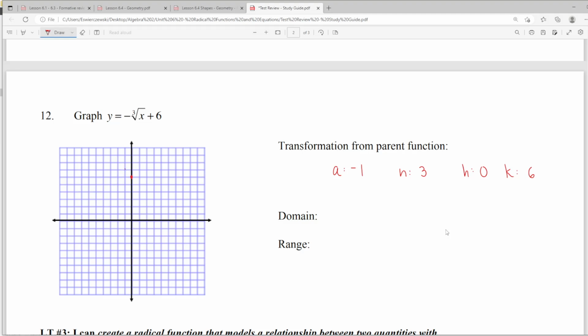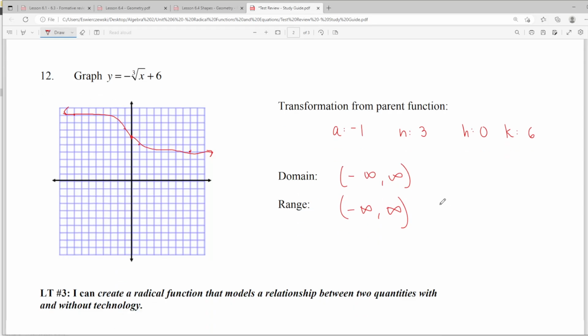So it would look like this instead. Remember, for odd root functions, the domain is always -infinity to infinity, and the range is also -infinity to infinity.